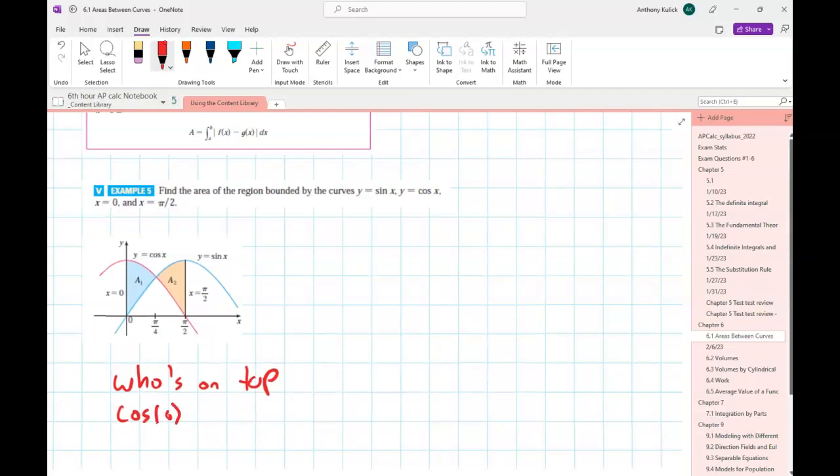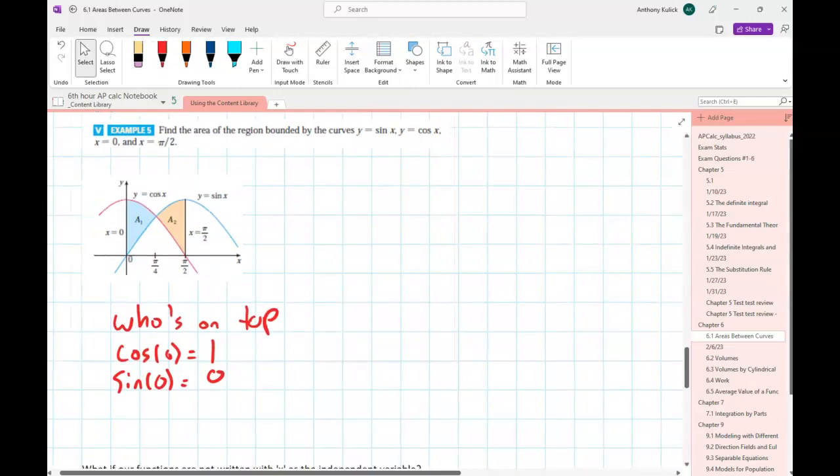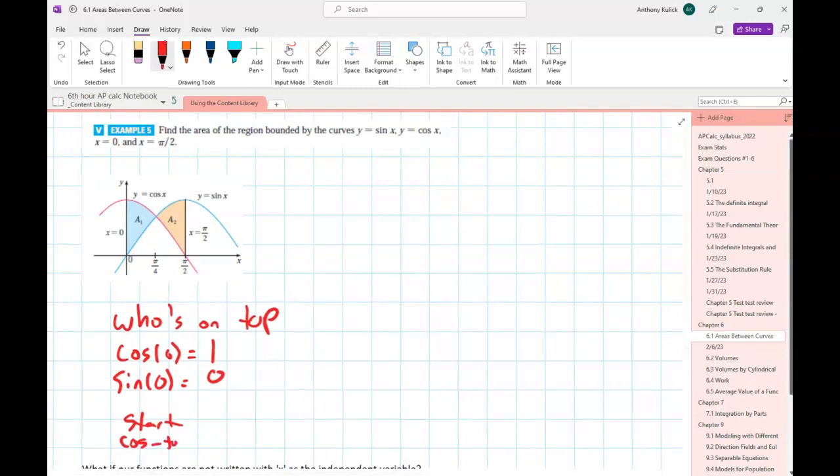Well, cosine of 0 is 1. Sine of 0 is 0. So cosine starts on top. And you use 0 because it's easy, and because we're going from 0 to pi over 2.